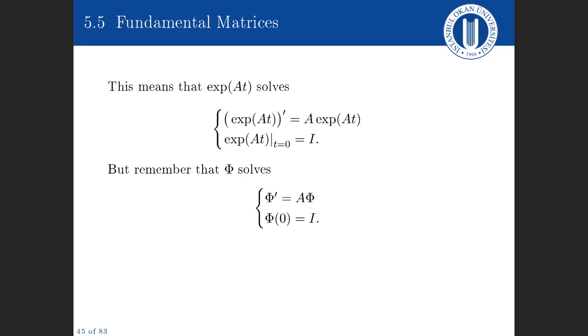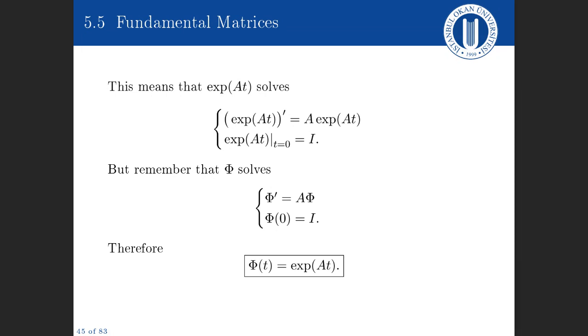The derivative of capital Phi is A capital Phi, and capital Phi at 0 is equal to I. And there's always a unique solution to an initial value problem. So these two functions must be the same. The exponential function of A t is the same as the special fundamental matrix, which satisfies capital Phi at 0 is equal to the identity matrix.